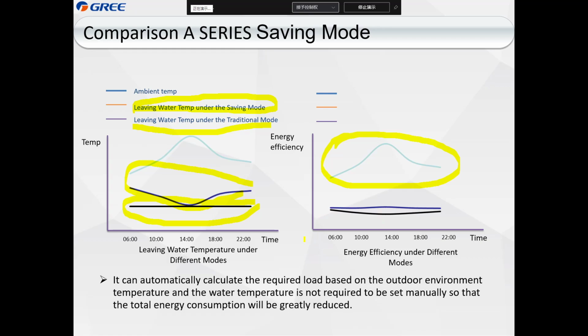But for the energy efficiency A series, the outlet temperature can change. So it can realize energy saving.